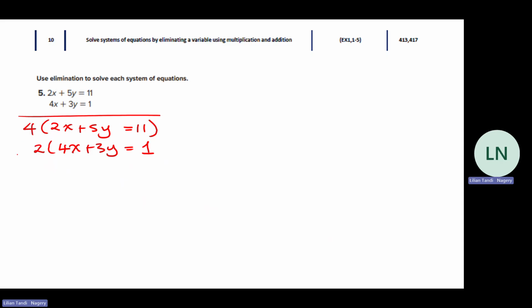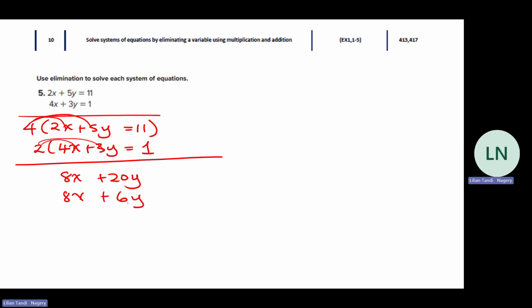I'll put here 4. Okay, so this becomes 8x. This becomes 8x. This becomes positive 20y. This becomes positive 6y. This becomes 44. This becomes 2.